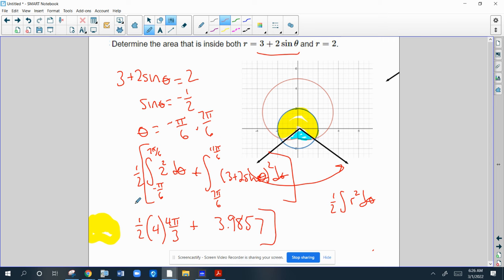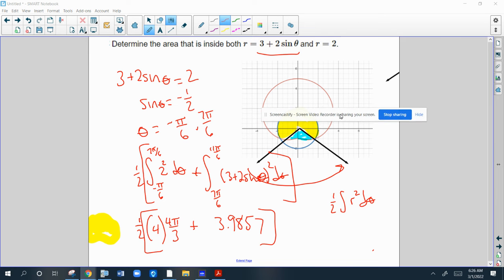Remember, this 1/2 is multiplied by the whole thing. So I'm just going to calculate that now.